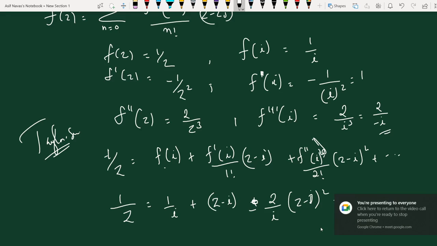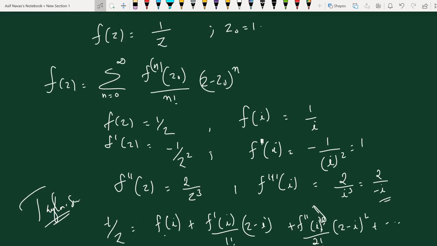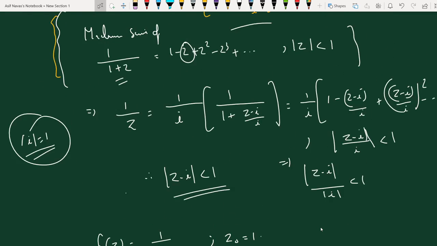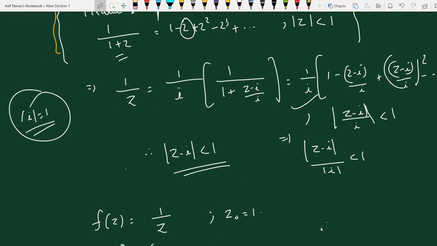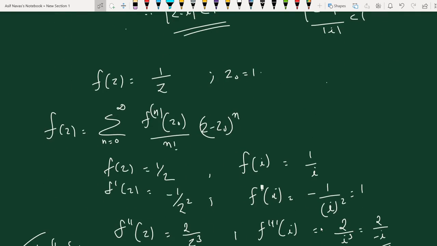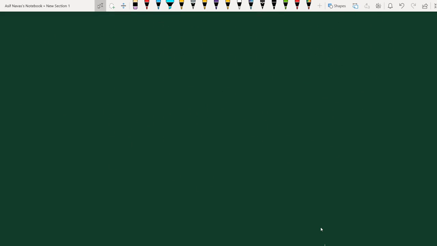So we can do it in this manner also. If you simplify this, you will get the same answer that we got here. So that is the method to find it.